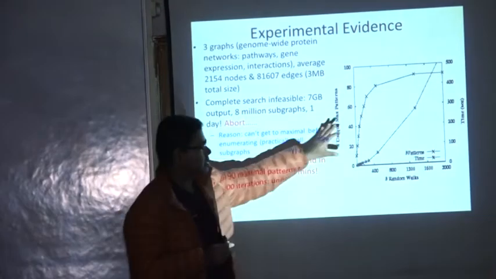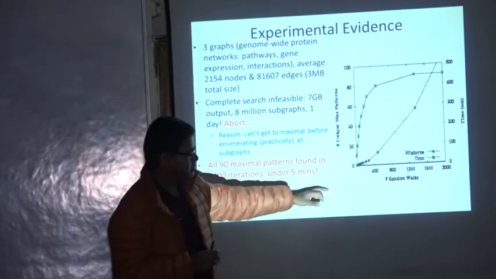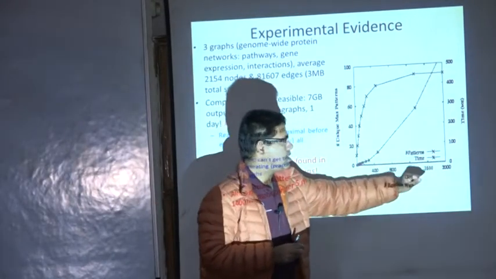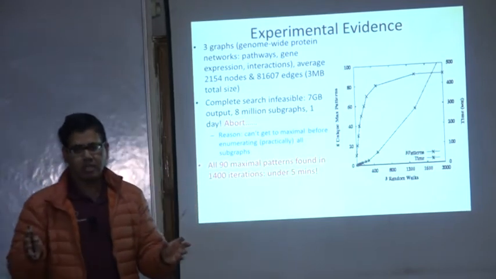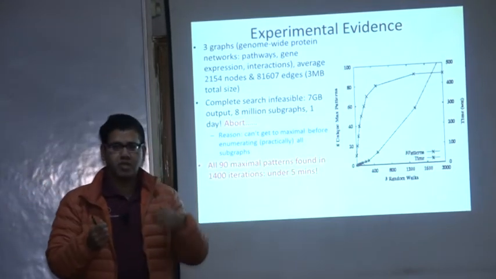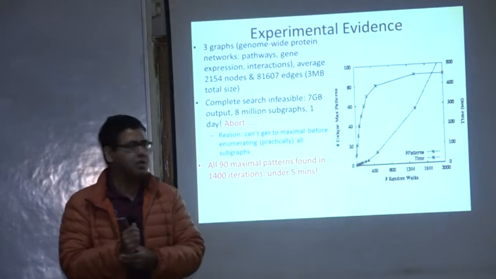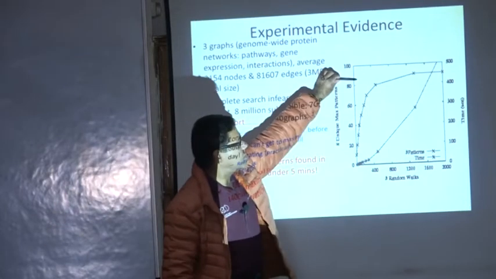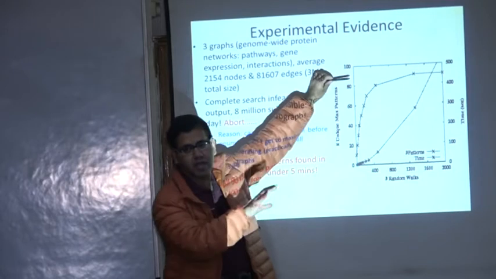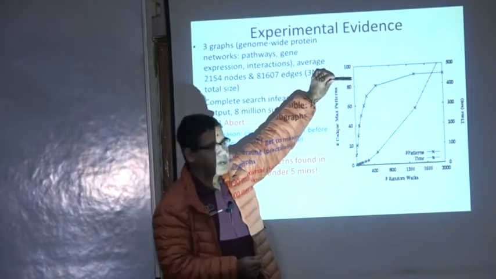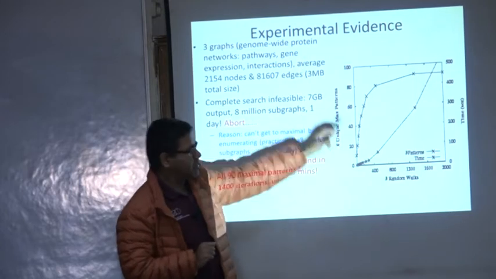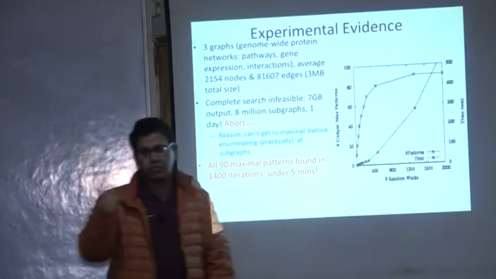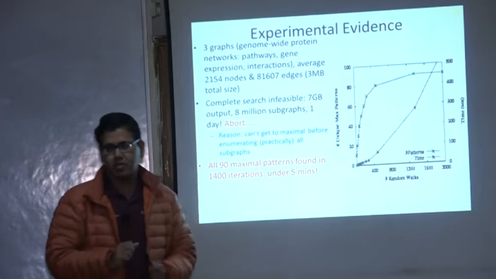At the end of this process, let's say I've done 2000 walks. Now I have 2000 patterns that are possibly maximal, but many of them are duplicates because I've reached the same pattern. In fact, in this data set there are only 90. I know this because I actually knew the right answer. There are 90 maximal patterns. But I did these 2000 runs to discover those 90 patterns.